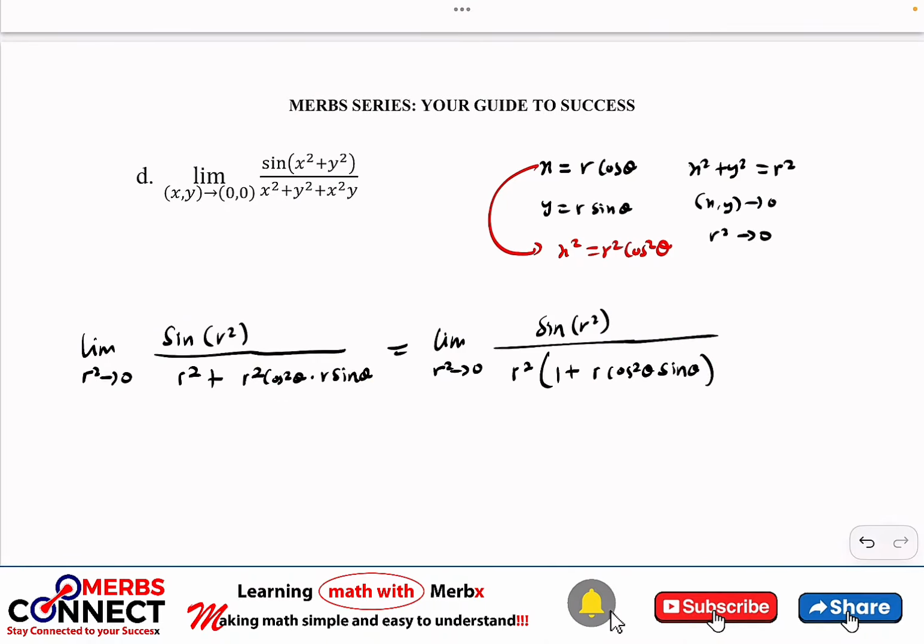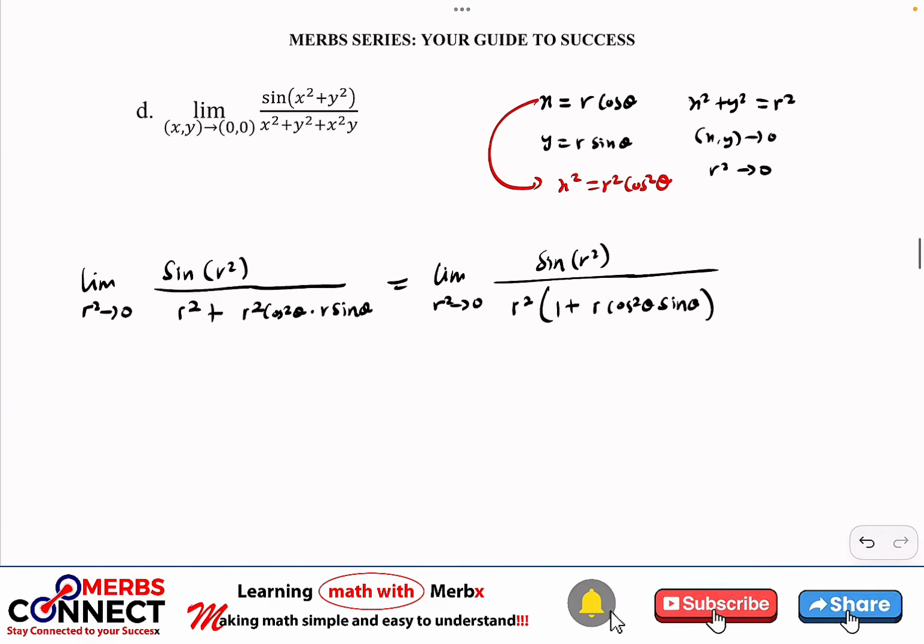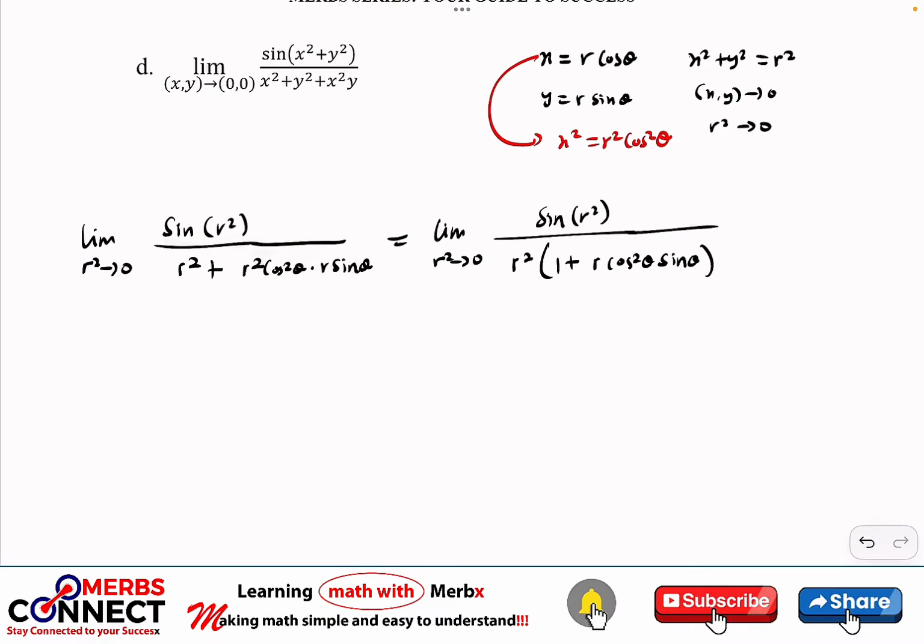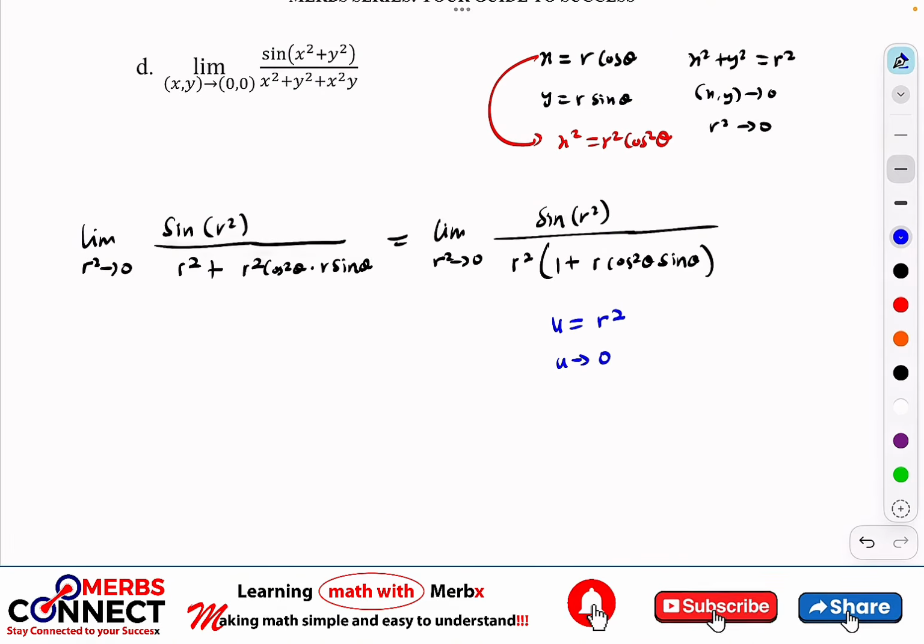Now what we can do here is also nice. We can decide to change our r. We can say, okay, fine, let u be equal to r squared. So u will be approaching 0 since r squared is approaching 0.